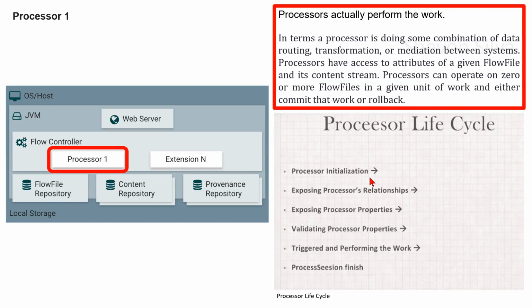Processor initialization is connected to exposing processor relationships, which is connected to exposing processor properties, which is connected to validating processor properties, which is connected to triggered and performing the work, which is connected to process session finish.